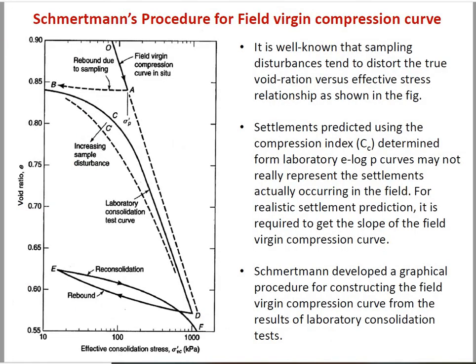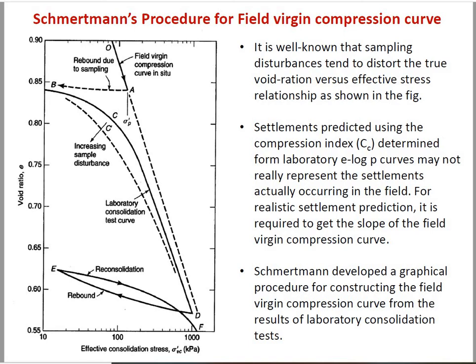So you take the soil sample. As I told earlier, it is not always easy to get the perfect undisturbed sample. So definitely there will be sample disturbances when you take that specimen and do the consolidation test. So the laboratory e-log sigma curve and the field e-log sigma curve will show drastic changes.